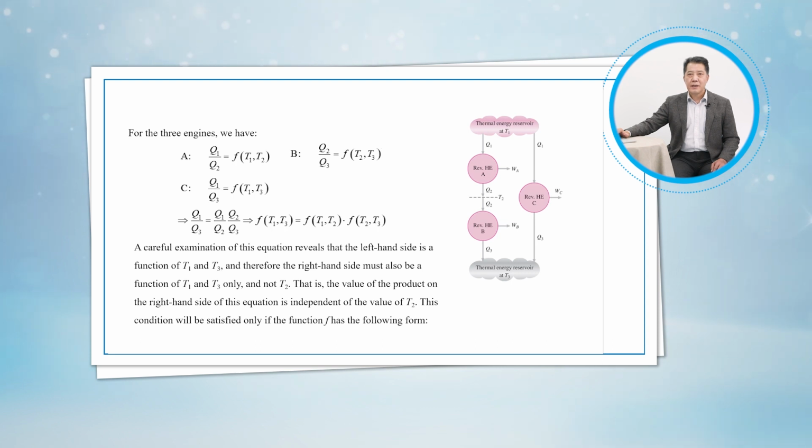That is, the value of the product on the right-hand side of this equation is independent of the value of T2. This condition will be satisfied only if the function f has the following form.